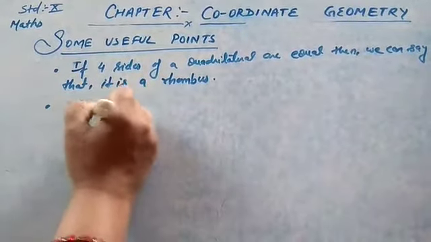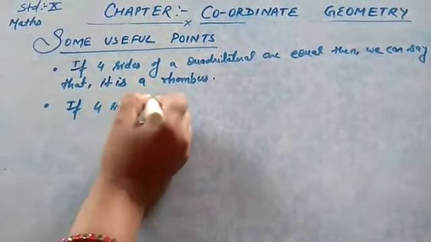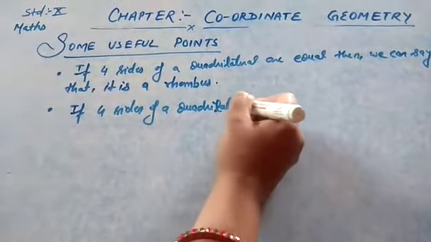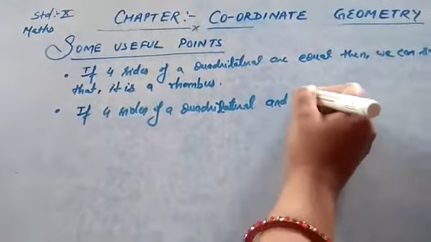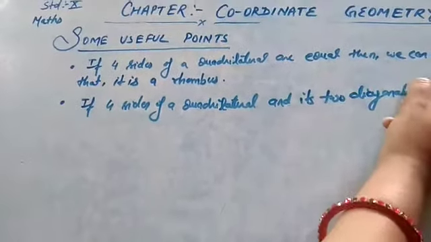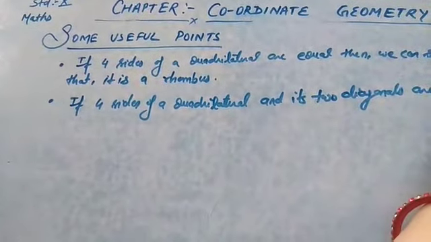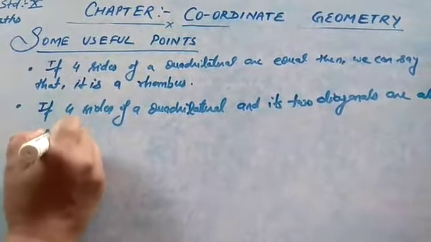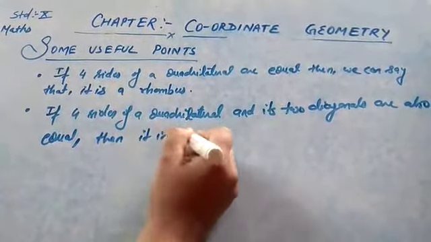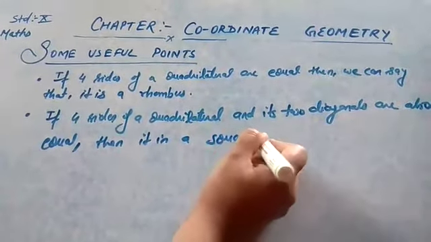So, if four sides of a quadrilateral and its two diagonals are also equal, then it is a square.